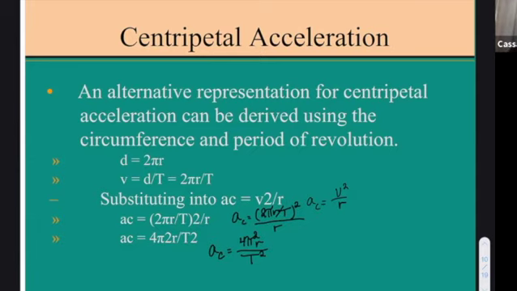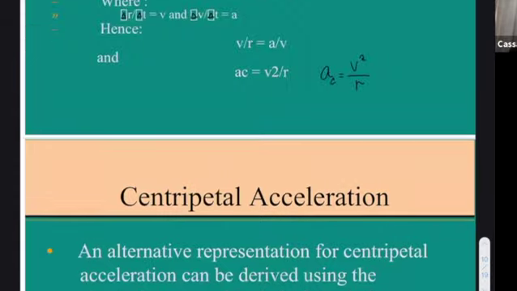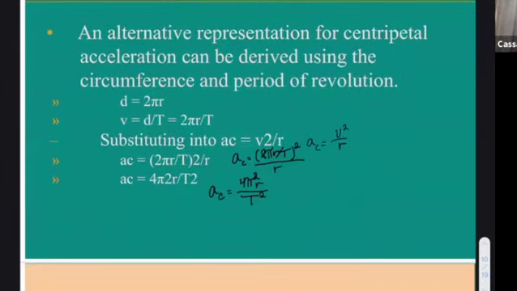So substituting into our equation from up here, this equation, we plug in for velocity, knowing that it's 2 pi r over t. We come to this, and then further going down. These are all just plugging in from before and simplifying the equation.